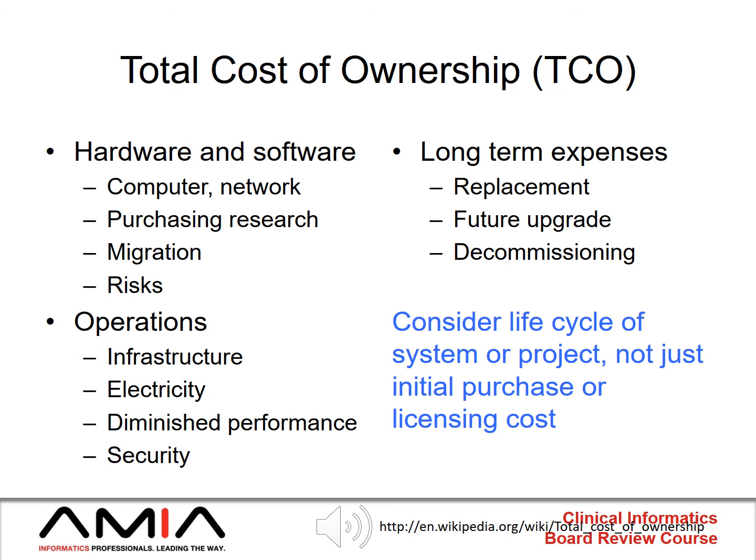So you can think of the cost for a computer, for example. You may have a price to purchase it, but operating that computer, including infrastructure, electricity, security provisions, and also the future expenses for replacing that hardware, upgrading it, decommissioning it, all should be included in the total cost of ownership.